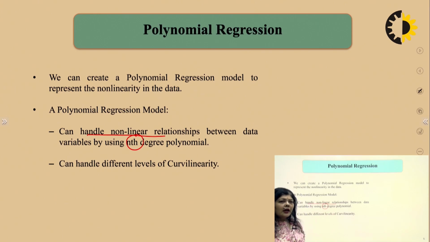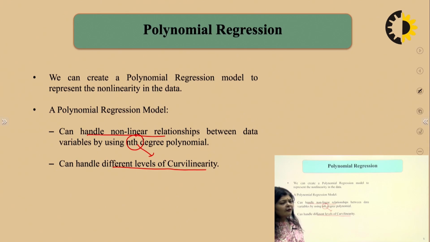So by having a different degree of polynomial, we can represent the data trend with a certain level of curvilinearity. So it can also handle different levels of curvilinearity, how much curvy the pattern or the line or the model is going to be, with the help of this degree of polynomial, right?